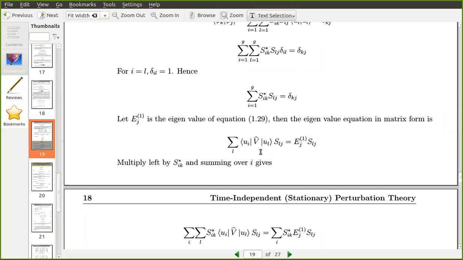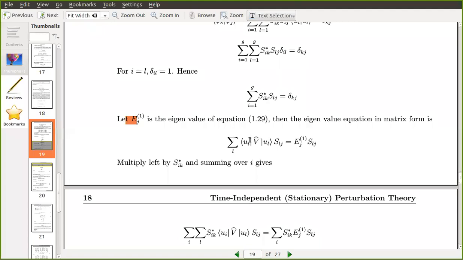Now this is Ax equal to lambda x. Lambda is the eigenvalue. I hope you know the eigenvalue equation, Ax equal to lambda x.